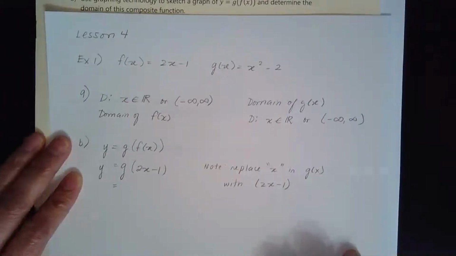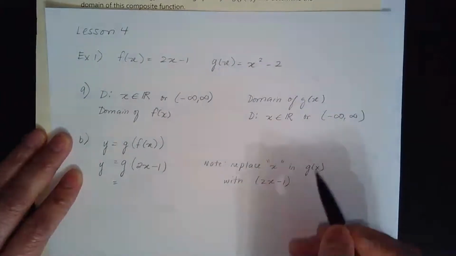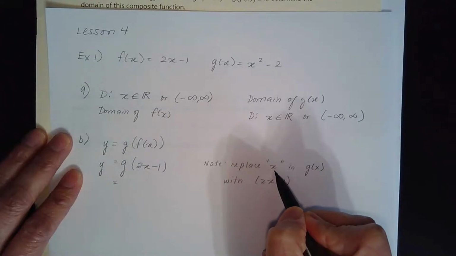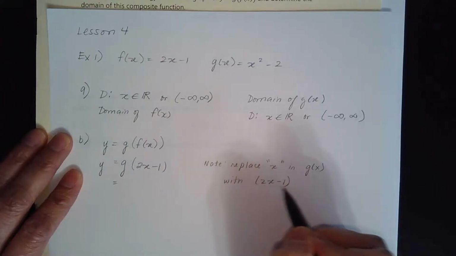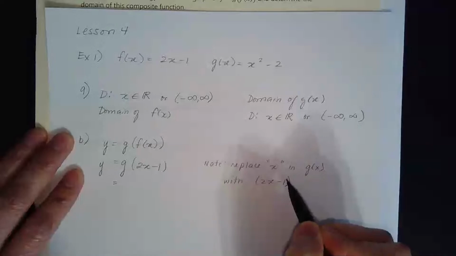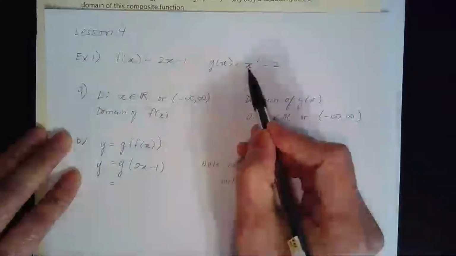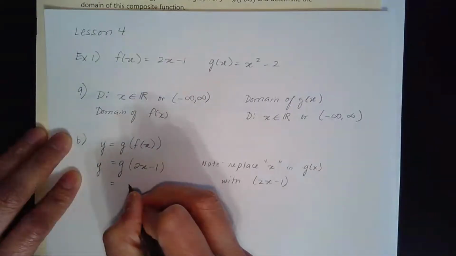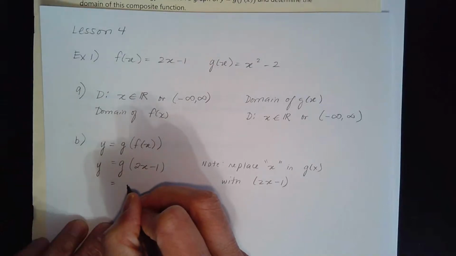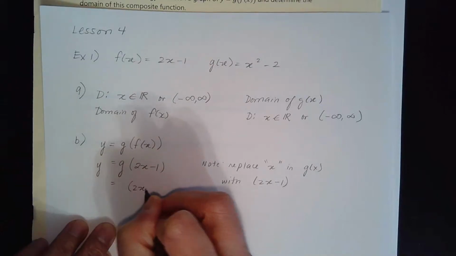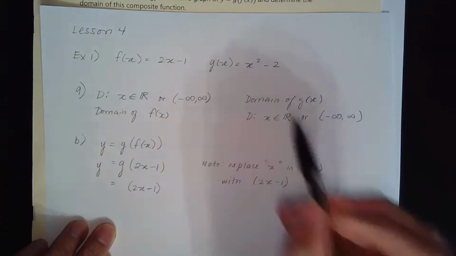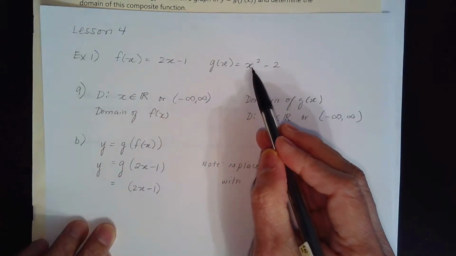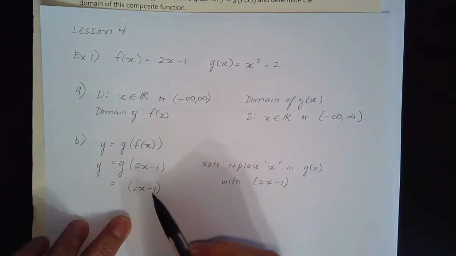So every place that we see x in g of x, we're going to replace it with 2x minus 1. So instead of x, we put 2x minus 1 there, squared, minus 2.